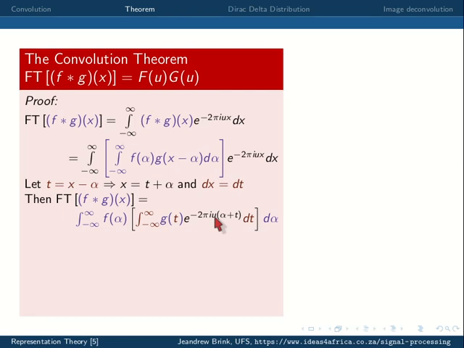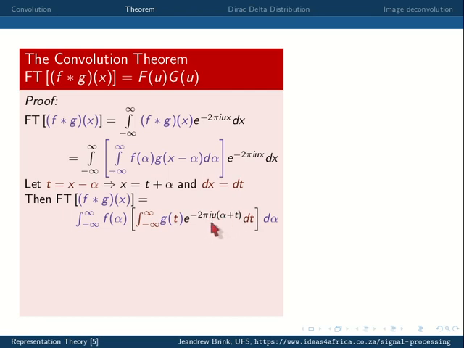So now the next step is, if we go back to our definition of a Fourier transform, we want to get this alpha out of here, because then we actually have the perfect description of what the Fourier transform of g is. The way we get the alpha out of here is we simply write this e to the minus 2 pi i u times alpha plus t as the product of e to the minus 2 pi i u alpha times e to the minus 2 pi i u t.